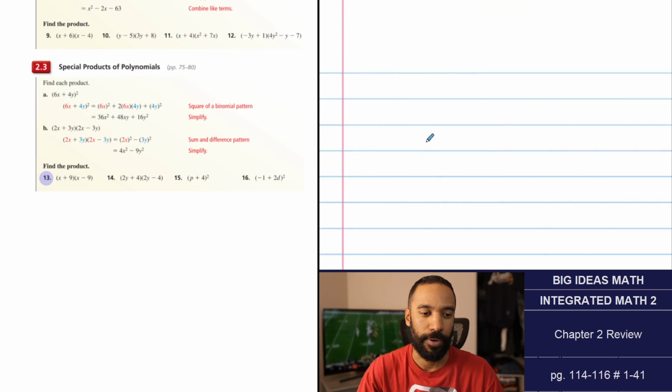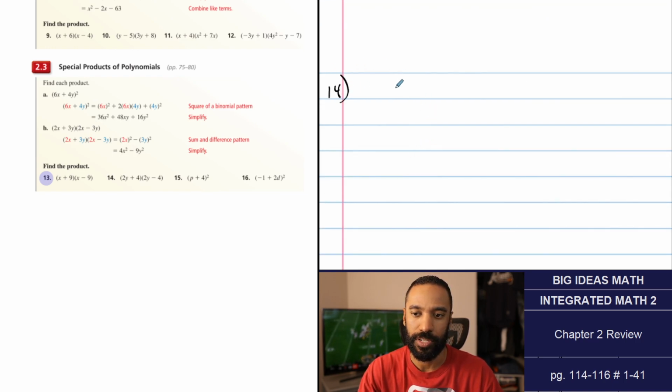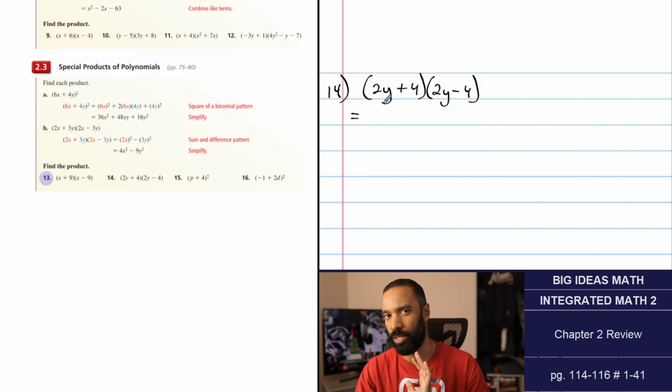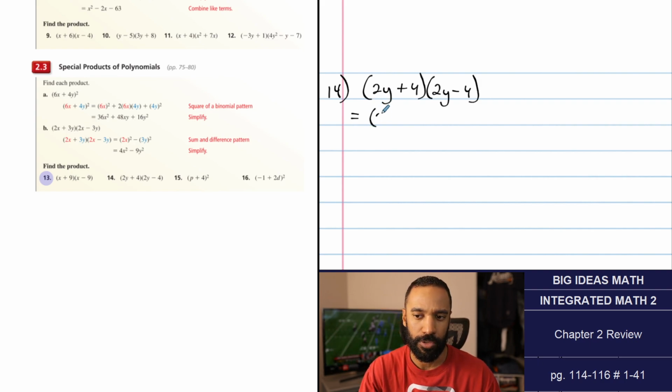Let's move on to number 14. We have another difference of 2 squares. Sum and difference pattern, but another difference of 2 squares result. 2y plus 4 times 2y minus 4. Now, the in-between step isn't really a required step. I think it's more for you to just have knowledge of what's actually happening, recognize the pattern, spell it out. A squared, whoops, I just wrote that wrong.